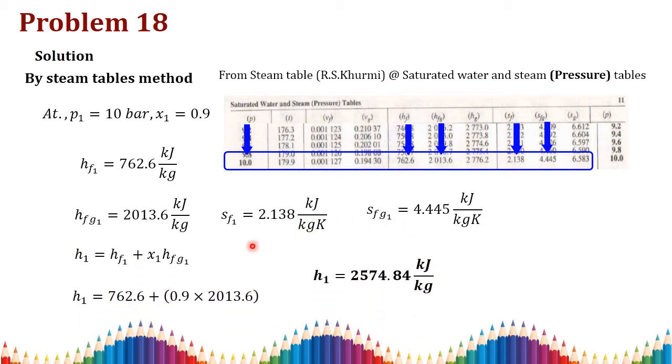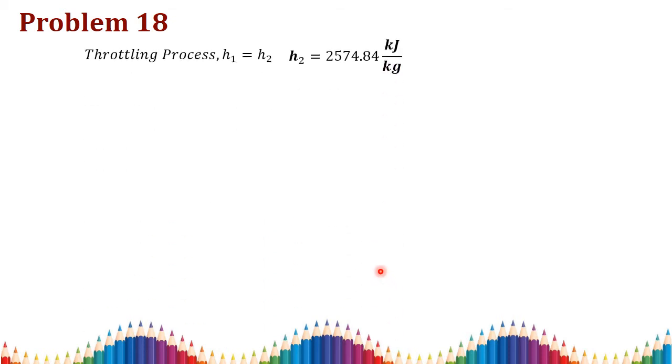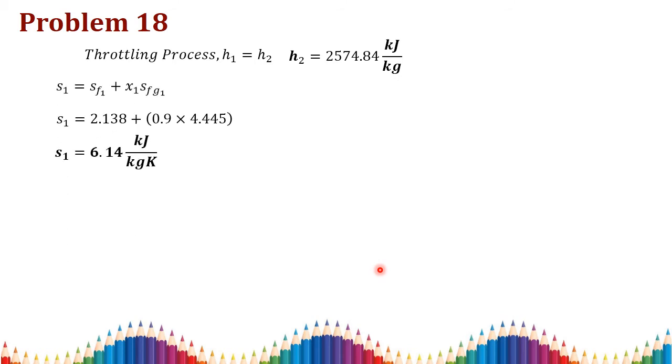Since it is in wet condition, the formula for the specific enthalpy is H1 is equal to HF1 plus X1 into HFG1. Substituting all those values in this relation, we get H1 is equal to 2504.84 kilojoule per kilogram. And as I already said, since it is a throttling process, H1 is equal to H2. So we can say H2 is 2574.84 kilojoule per kilogram.